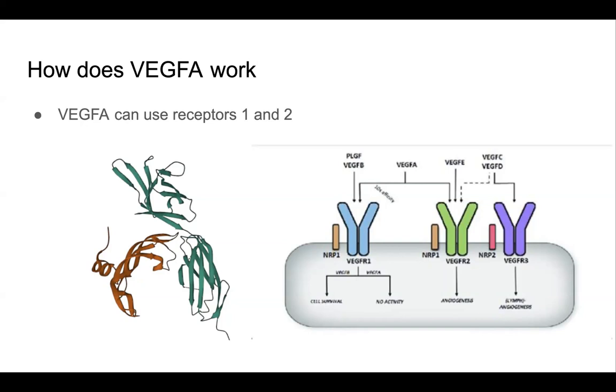And while there isn't a lot of research on receptor 1, people believe that it's just meant to occupy VEGFA, so there isn't actually any response from this. It's just assumed to be used to manage extra VEGFA. But for receptor 2, angiogenesis will be the result. It will tell the cell to grow. And this is the pathway that we're looking at.